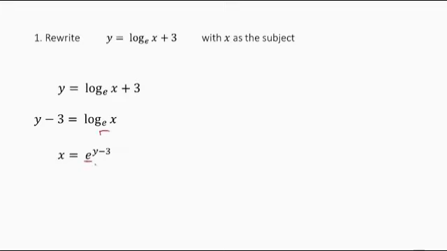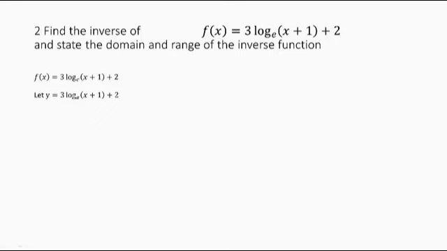Okay, let's find the inverse function of f(x) equals 3 log to the base e of (x plus 1) plus 2. And we're going to really look at the domain and the range of the inverse function. First of all, we write out our rule. Remember that we have to let y equal 3 natural log (x plus 1) plus 2, and we need to say to find the inverse of x, we're going to swap x and y.